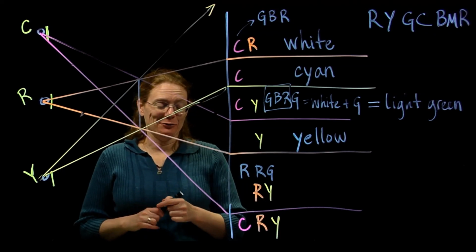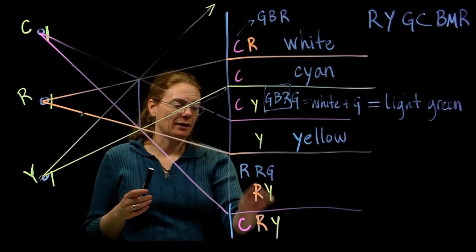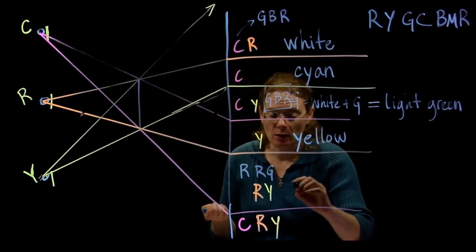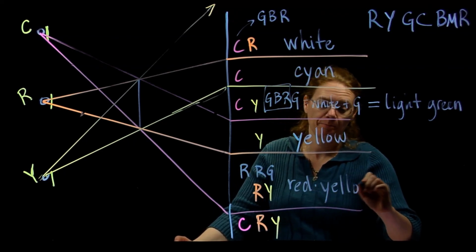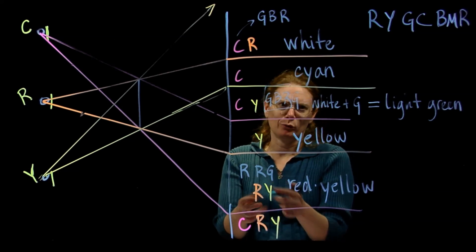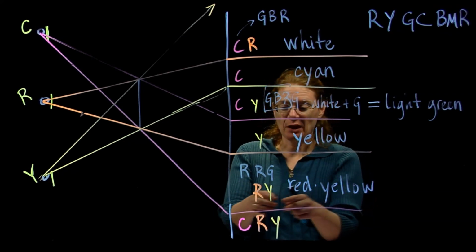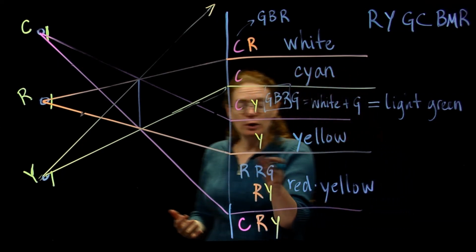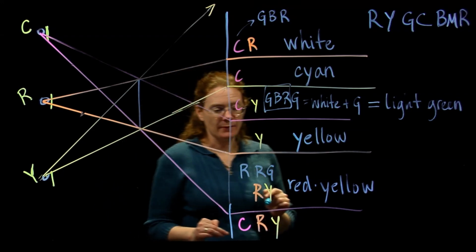So when we don't have a specific word for a primary color plus a secondary color, we just say, okay, this is a reddish yellow. So I'm just going to call it red yellow. So if it was red plus magenta, it would be red magenta. If it was blue plus magenta, it would be blue magenta. We don't have words for most of these, so we just call it red yellow.